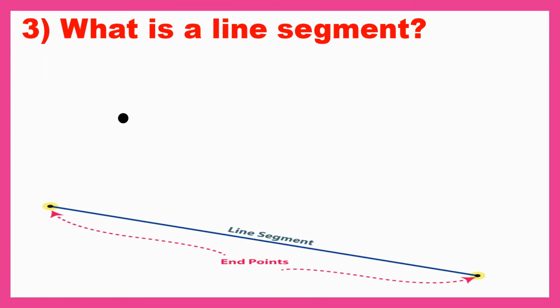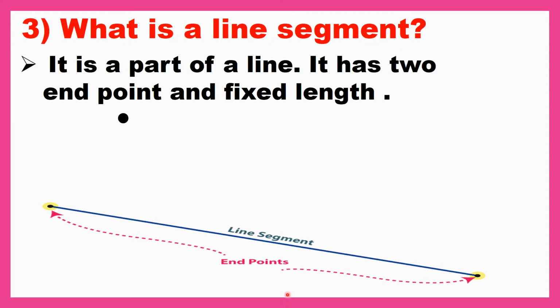Now let us learn about line segment. What is a line segment? Line segment is a part of a line. It has two end points, that is, one starting point and one ending point, and it has a fixed length. For example, DE is a line segment.